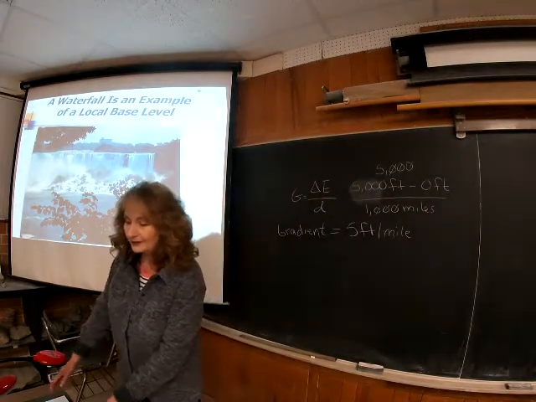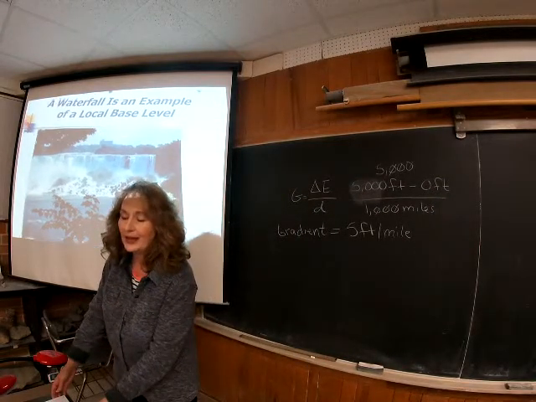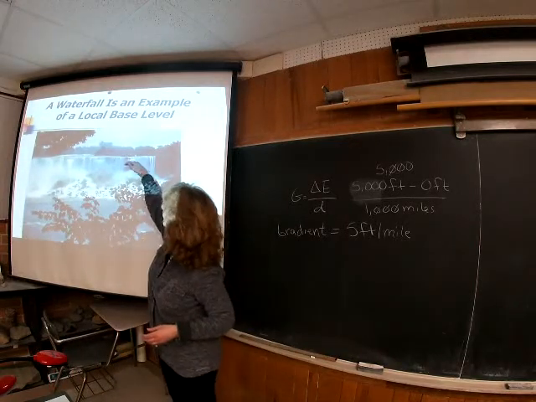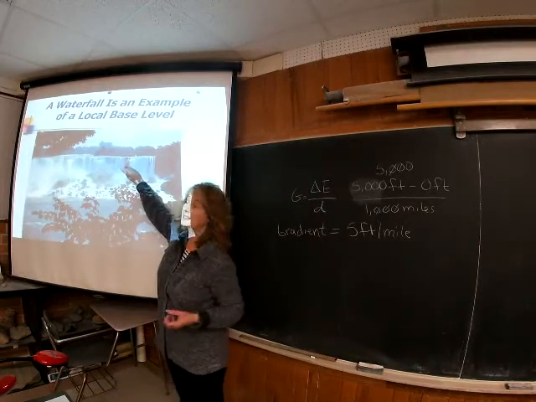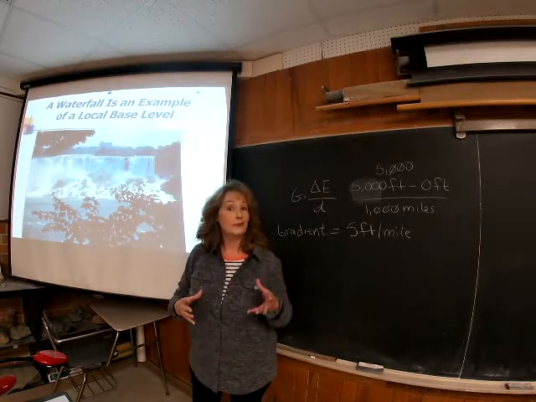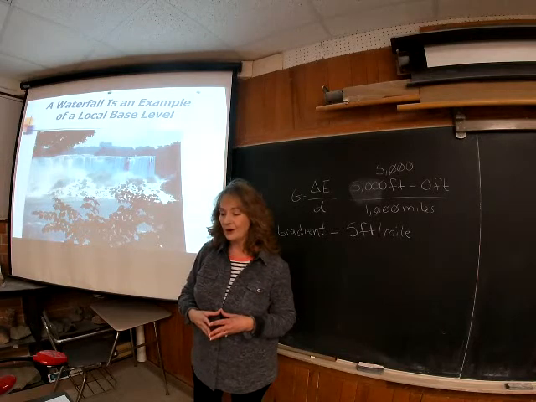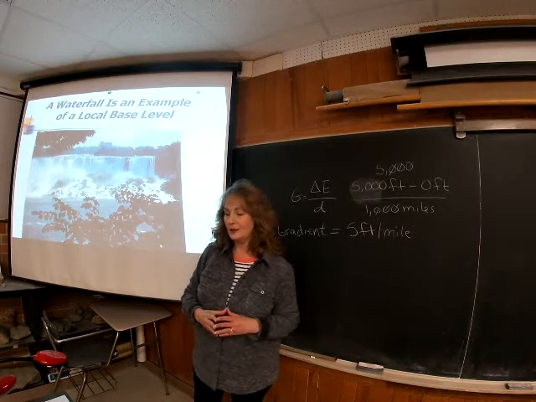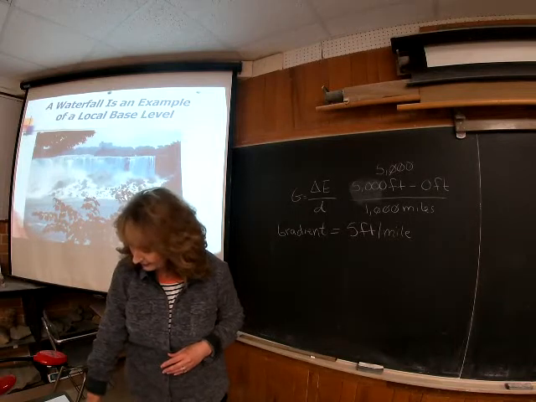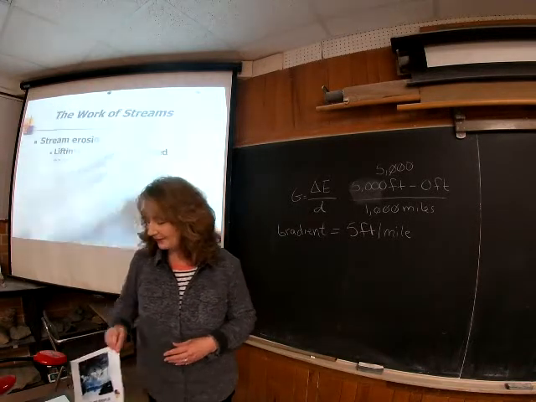Waterfall is an example of a local base level. So we had erosional resistant rock here, right? It's not easily eroded, and it created a new base level and then the waterfall occurs from there. A little example of a local base level.